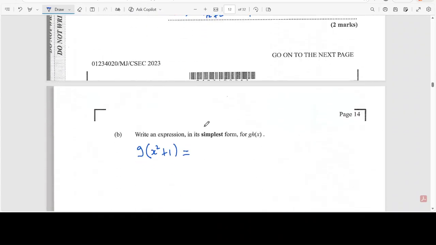So that means we're going to put 4 wherever we have x, we're going to replace it with what we have in the bracket here. Take away 5, right? We expand brackets. 4 by x squared is 4x squared. 4 by 1 is 4. Take away 5. 4x squared. 4 take away 5 is negative 1.